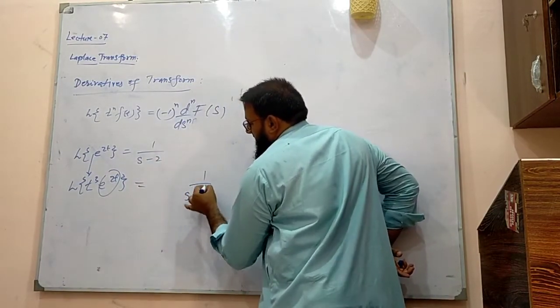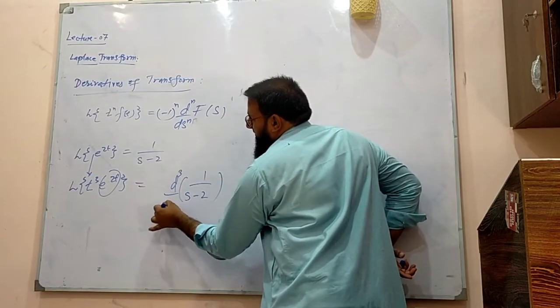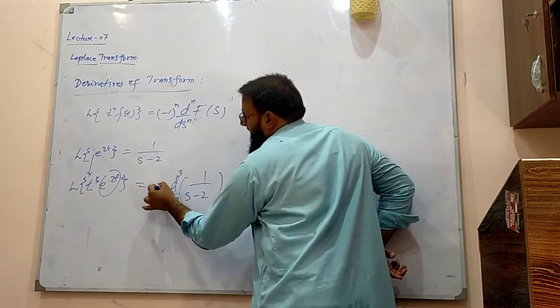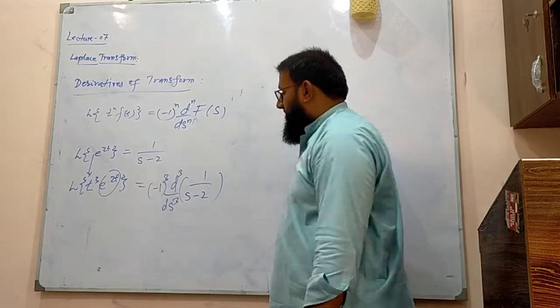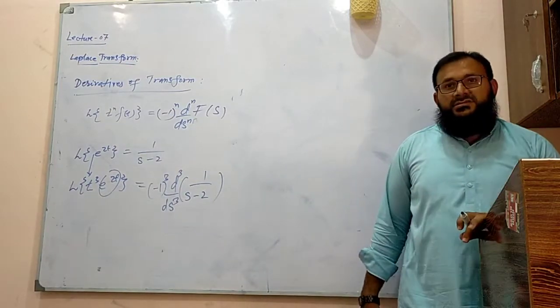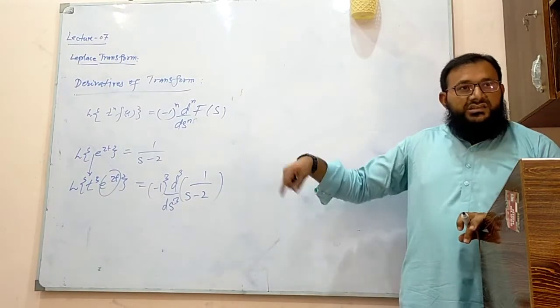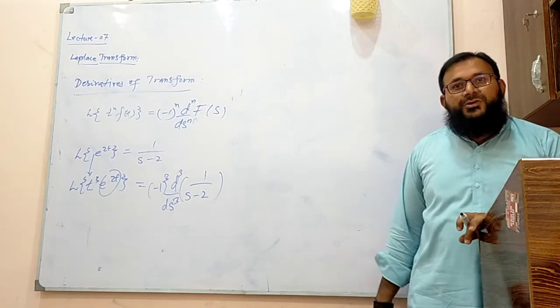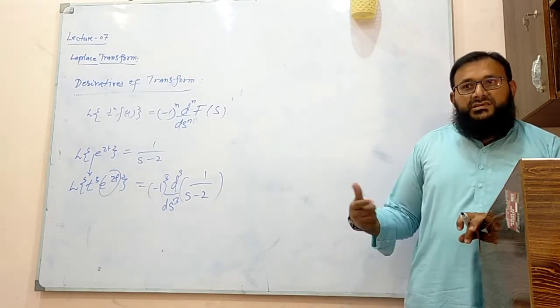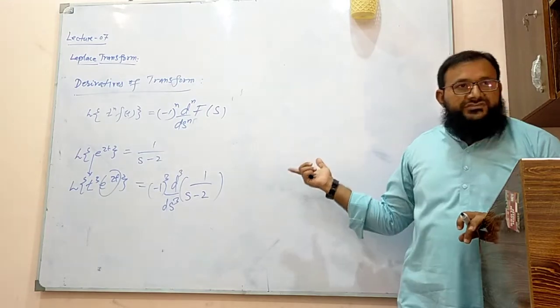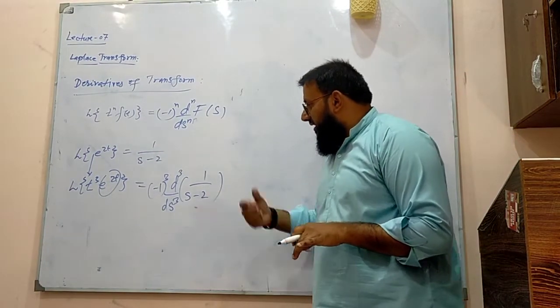I need to differentiate this 3 times and multiply with minus 1 power 3. And I will get the same result. I got this result by using another property. Now I am using the property of the derivatives of transforms. And you know very well how to do this.